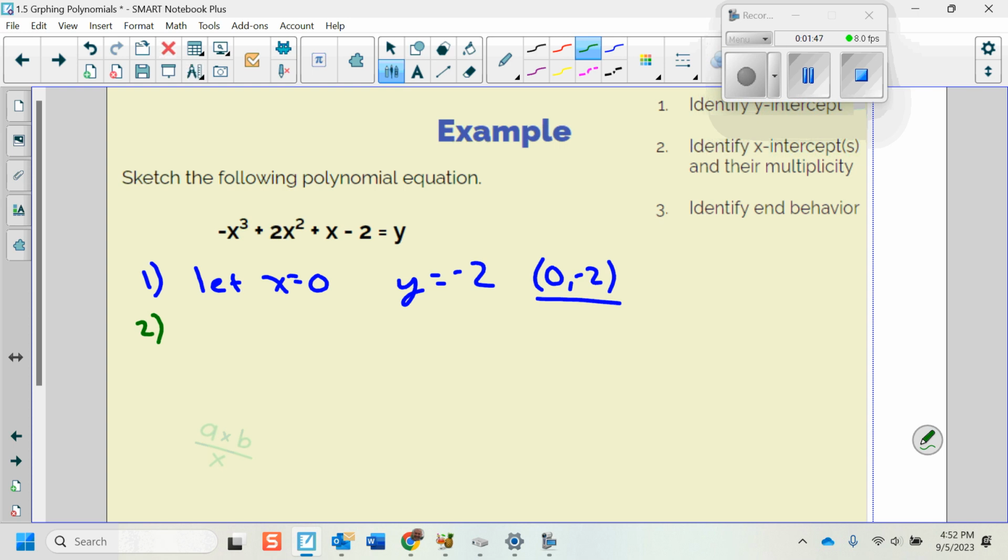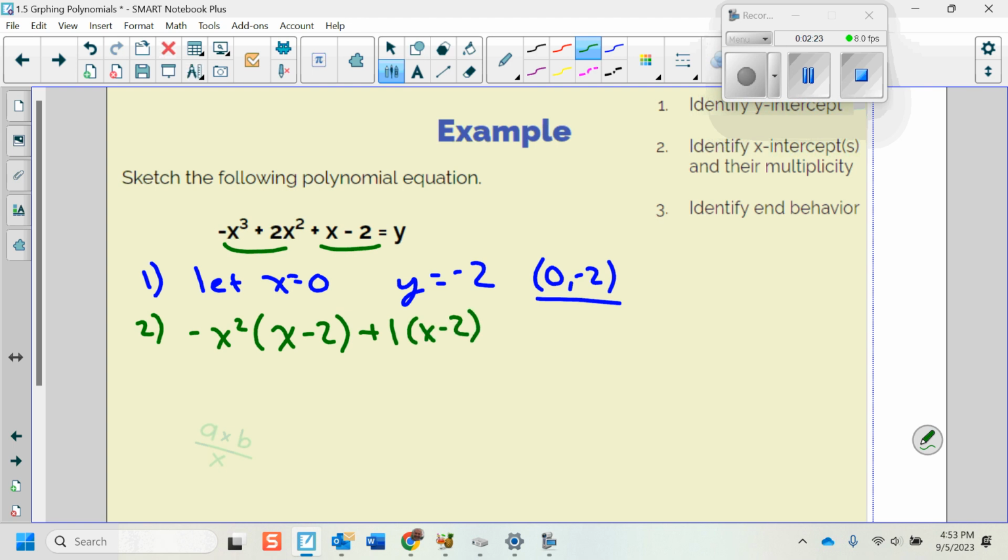When I glance at it, I notice there may be a common pairing between these 2 pairs. So I'm going to factor out a -x squared. If I divide -x cubed by -x squared, I get a positive x. If I divide the second term, I get a +1 times x minus 2.